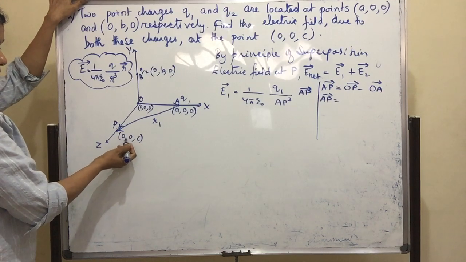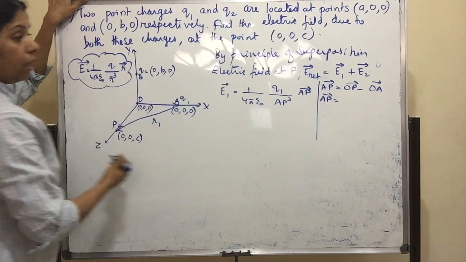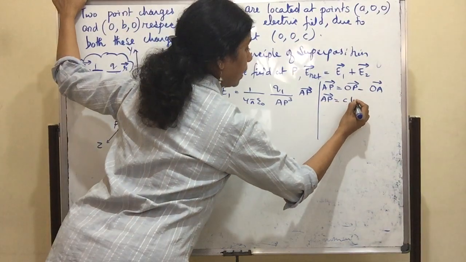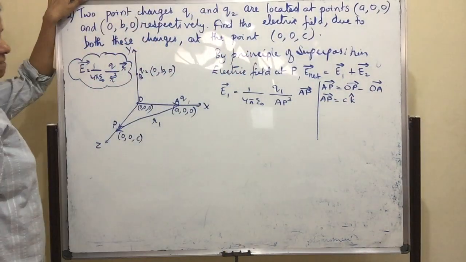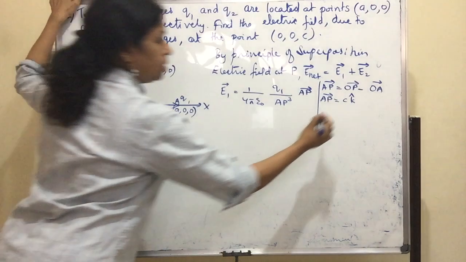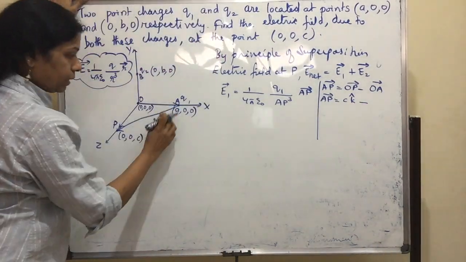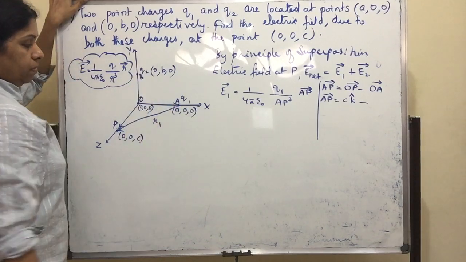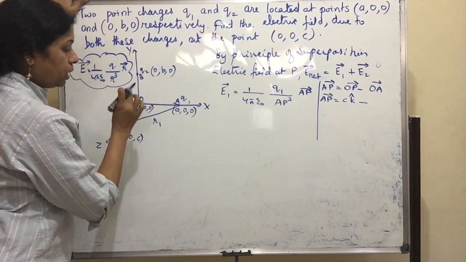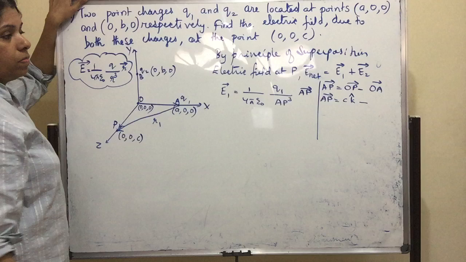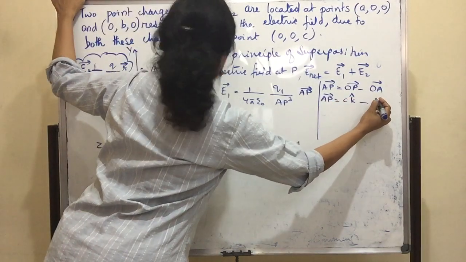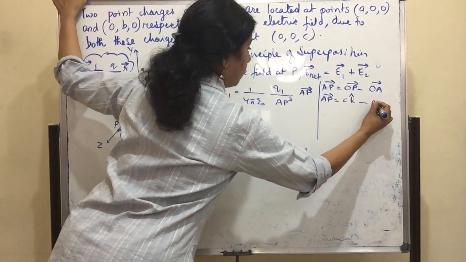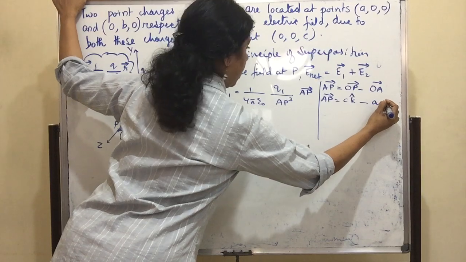In Cartesian coordinates, how will you express this OP vector? It is only C k cap. Minus, what is the OA vector? The coordinates of A are (A, 0, 0). The coordinates of O, the origin, are (0, 0, 0). So what is the OA vector? It is equal to A i cap.